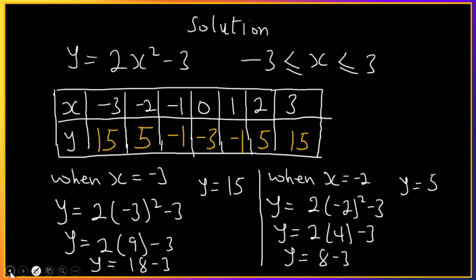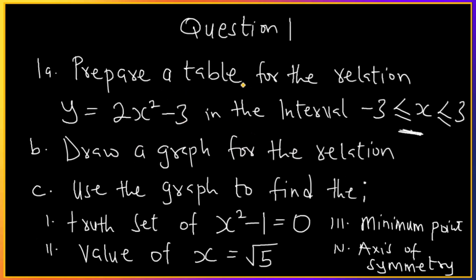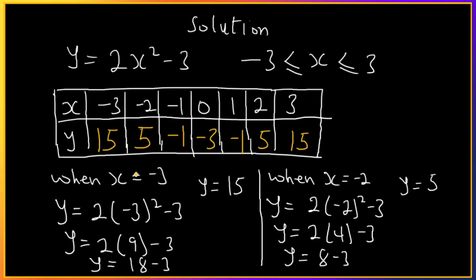So we are done with the first part, which says we should prepare a table for the relation in this interval. Now we move on to draw our graph. We move on to represent these coordinates on a graph, which helps us to come out with the curve.